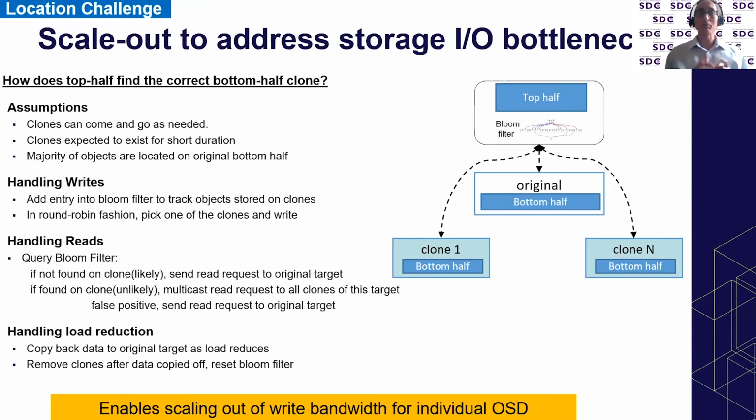We use a Bloom filter because it's known to be a scalable data structure. Really, the only decision point for the top half is whether it should write to a clone or the original target. Once it has chosen this, it has added an entry into the Bloom filter. In round robin fashion, it will pick one of the clones and write the data there.